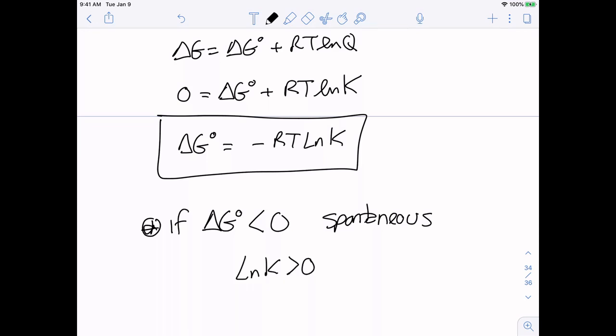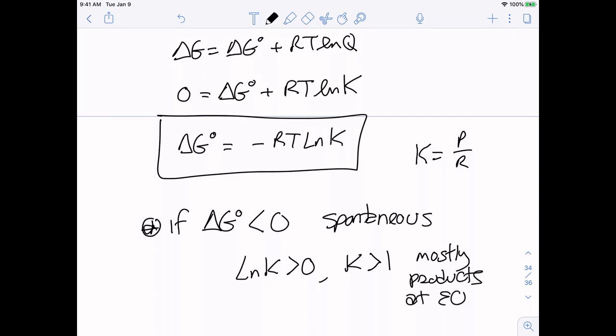For that to be true, K has to be greater than 1, right? My products need to be greater than my reactants for that to be true, right? K, just like with Q, is products over reactants. So if I want that number to be bigger than 1, the number on top needs to be larger than that on the bottom. So it's mostly products at equilibrium. Right? When we started this video, I had said that delta G tells us is it mostly reactants or products at equilibrium. This is how we're relating it to that.